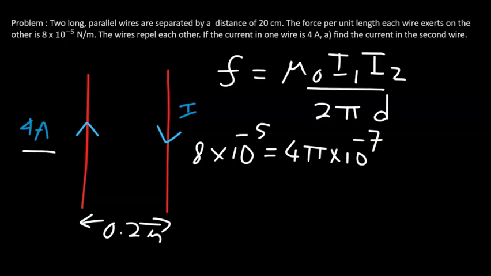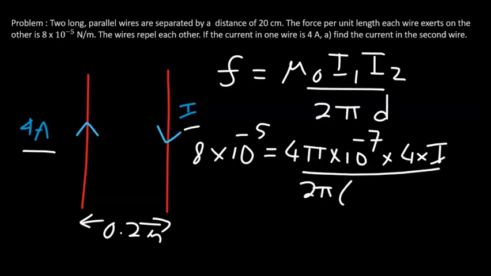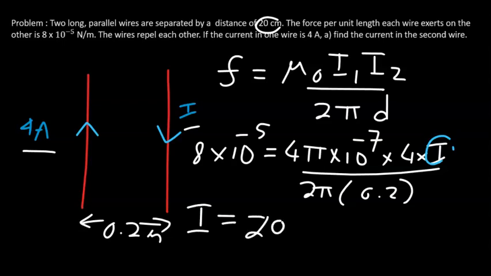I1, let's take 4 ampere to be I1, and I2 is the unknown I. Divide by 2 pi, the distance between the two wires is 0.2 meter, or 20 cm. And we can solve for the current I. When you solve for it, you will get 20 ampere. And that solves the problem.